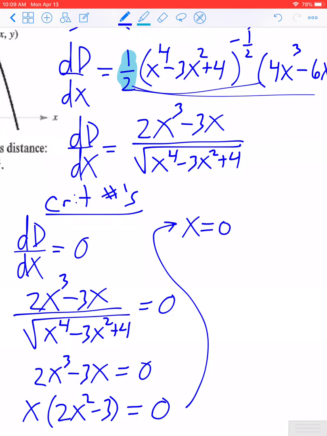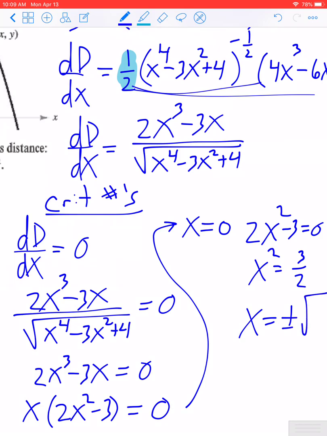We get x equals 0, or 2x squared minus 3 equals 0. Add 3, divide by 2. X squared equals 3 halves. And I'll leave it like this, but we're going to get two solutions here. X equals plus or minus the square root of 3 halves. So altogether we have three critical values: negative square root of 3 over 2, 0, and positive square root of 3 over 2.